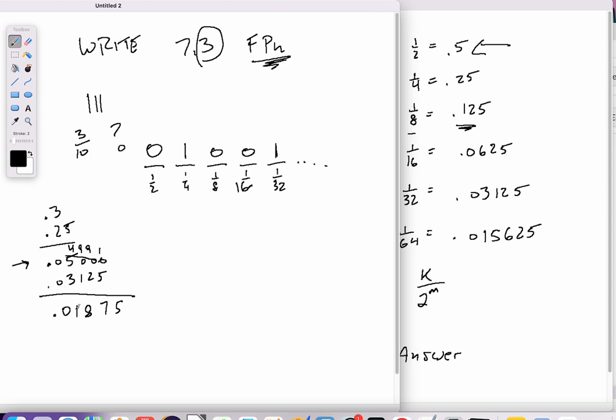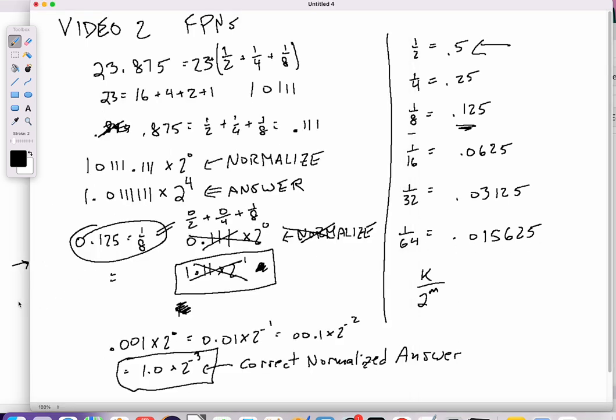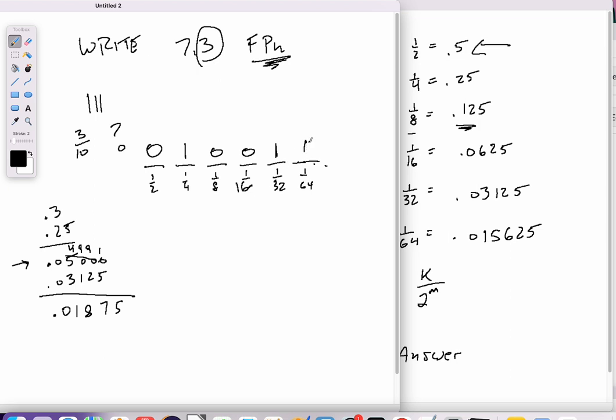So I'm left with that. So I have over here, here's 1 over 64, and I go, well, there is one of those there. So I'm going to have a 1 here, and now I'm going to have a 0.01565.